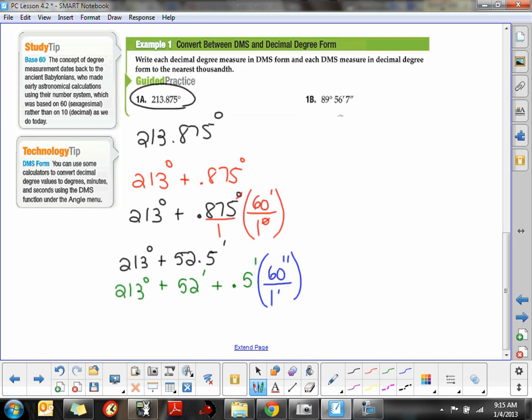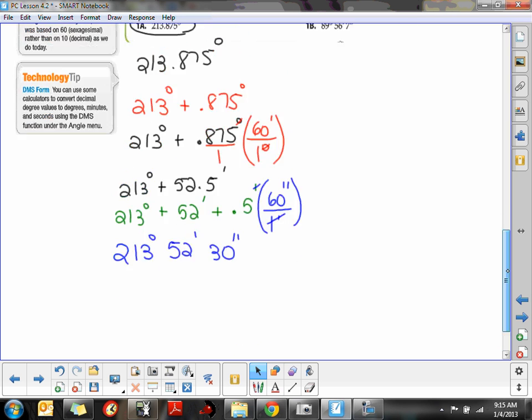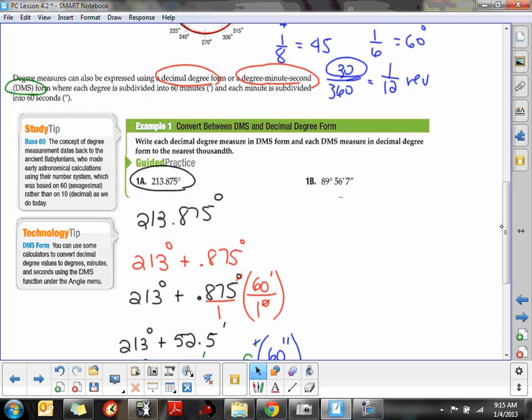So we cancel our units of minutes, and we're left with half of 60 seconds, which is 30. So when they write this all out, they can just say 213 degrees, 52 minutes, and 30 seconds. That is how we convert that decimal degree form into degrees, minutes, seconds.